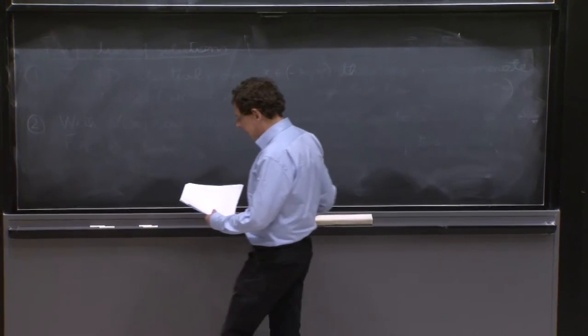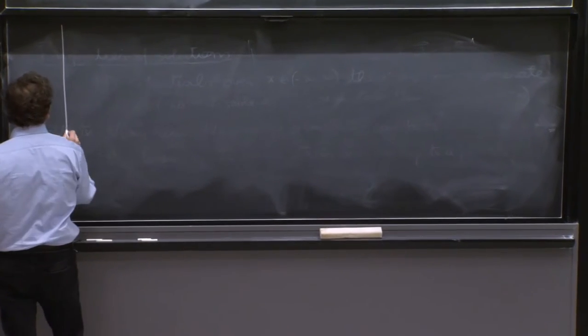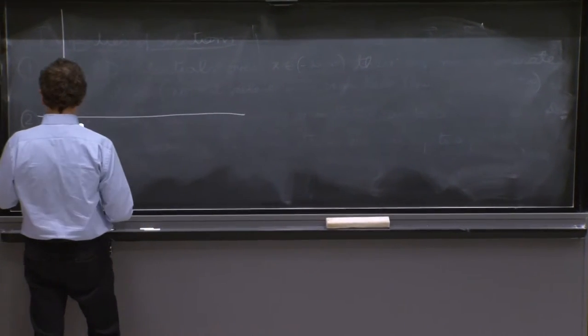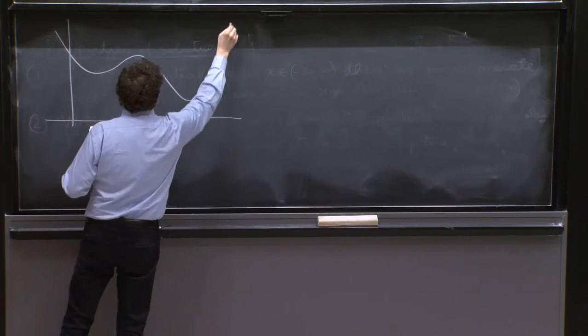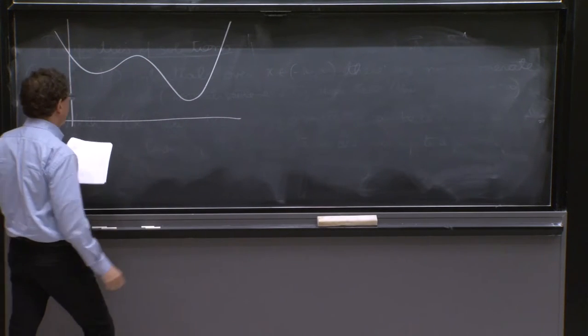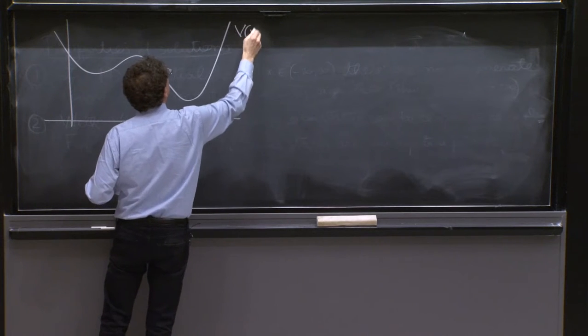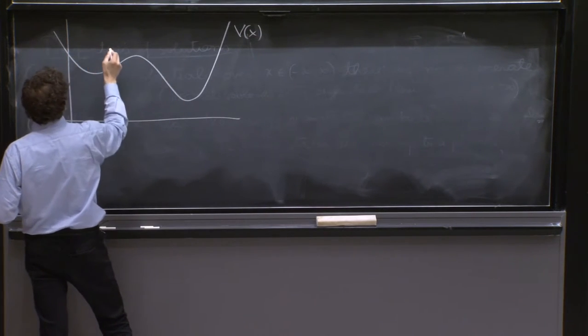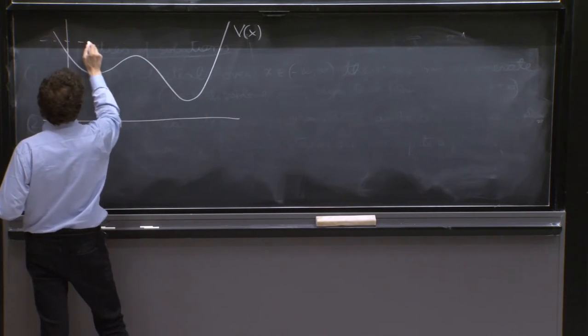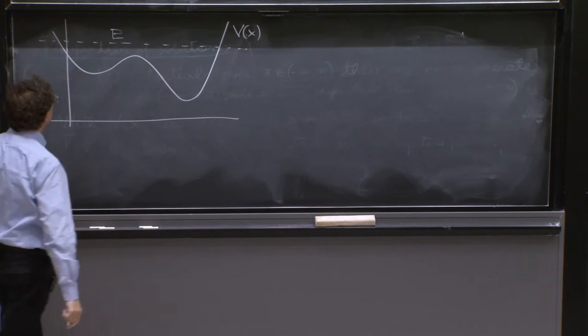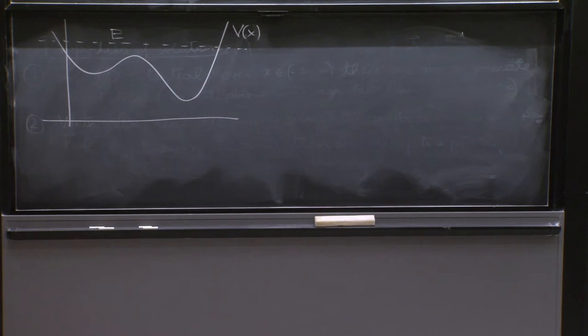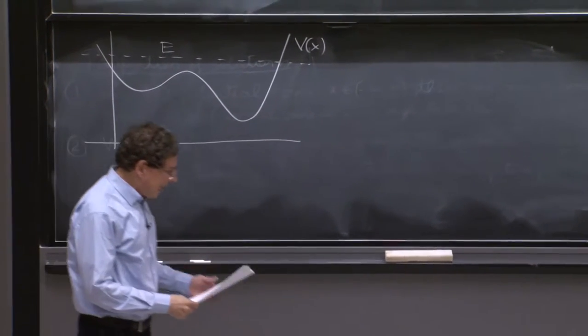So here it is. We'll have a potential that is like this, V of x, maybe some energy E, and that's it. Now, what happens classically?